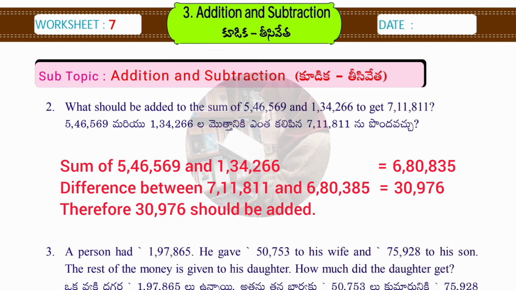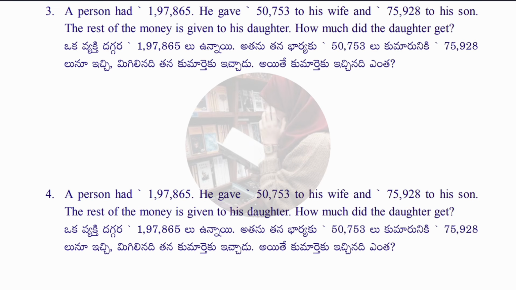Okay, so do difference between 7,11,811 and 6,80,835. We'll get the answer as 30,976. So this is the amount we have to add to the total to get 7,11,811. Understood, guys?